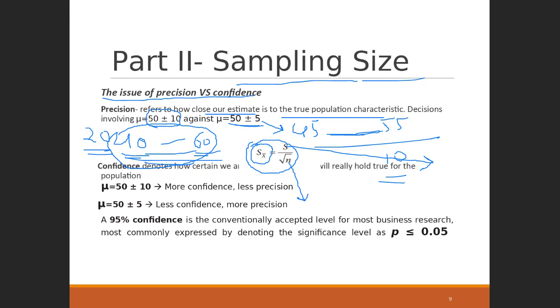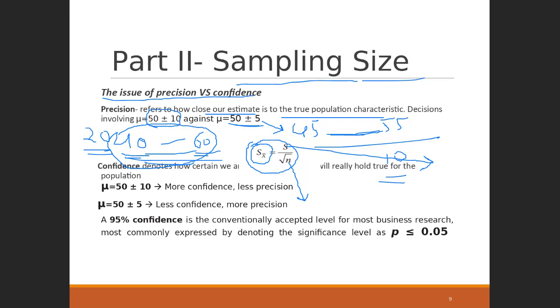Another noteworthy point is that the smaller the variation in the population, the smaller the standard error, which in turn implies that the sample size need not be large. Thus, low variability in the population requires a smaller sample size. For instance, if you're doing research on students or young people in the age bracket between 20 and 25, you are studying a population which is mostly homogeneous in nature.